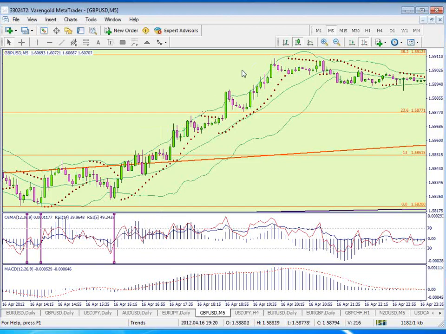Saxo has something like this. So you have to consider the lot, you have to consider the equity, and you can go for bigger targets. So the spread is important when you like something like scalping.